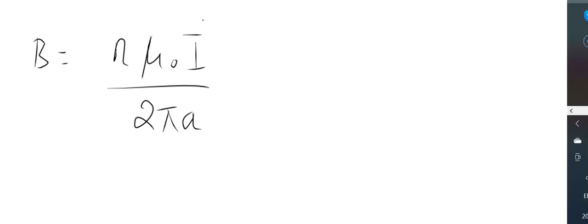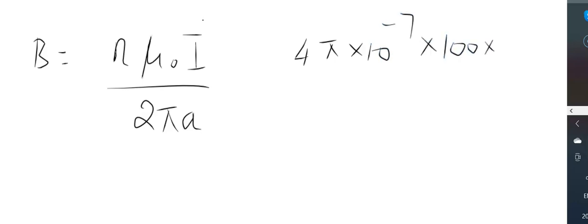I stands for current and A is the distance. So here the number of turns is given as 100. We know mu 0 by 2 pi is nothing but 4 pi into 10 to the power of minus 7, into N which is 100, I is given as 2.5, divided by 5.